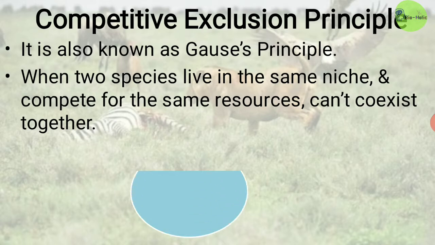So suppose in an area there is species X present and species Y also comes to live in the same area, and suppose Y also feeds on the same insect which species X was feeding on, then the competition can occur.